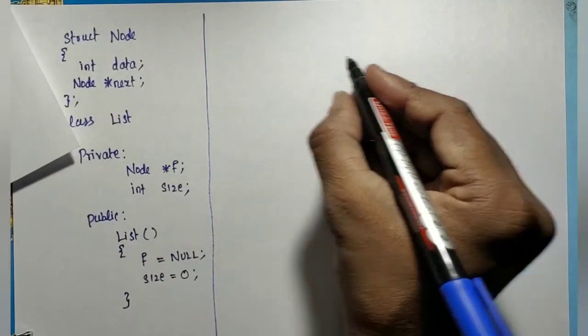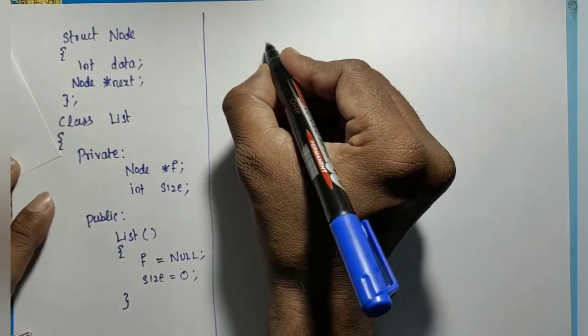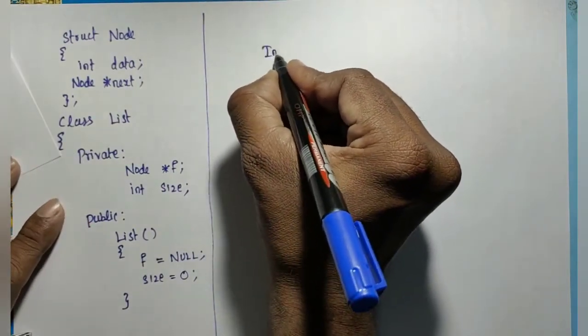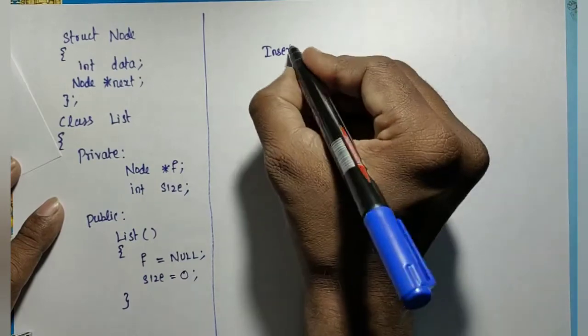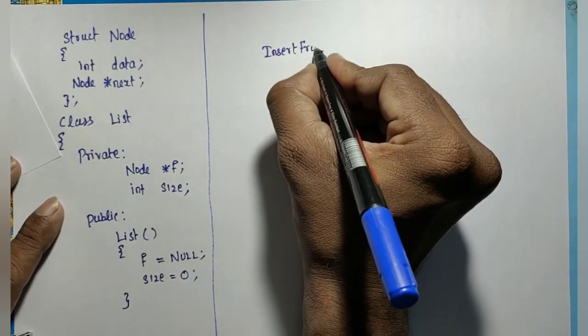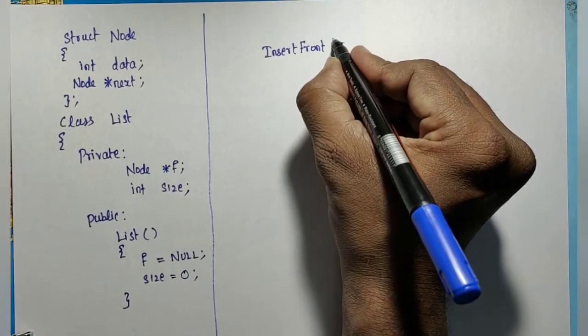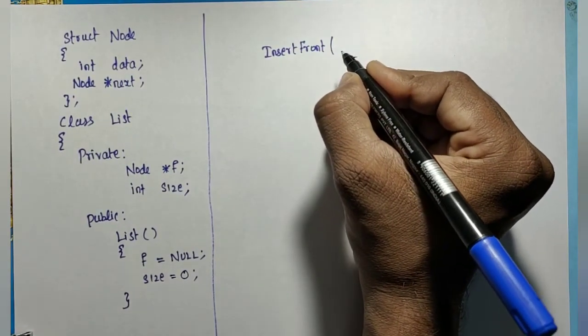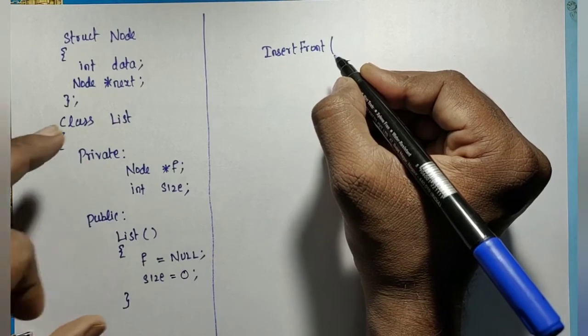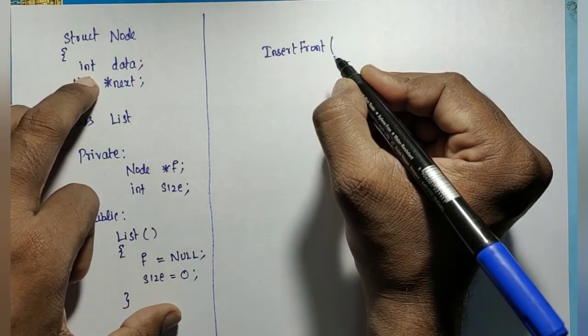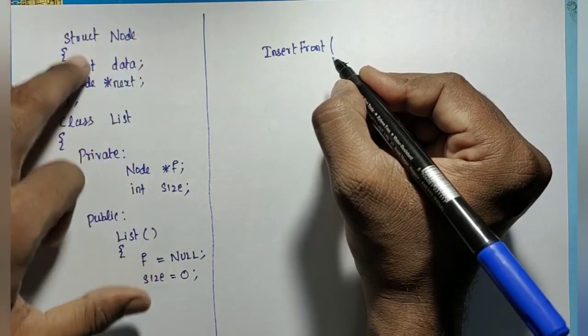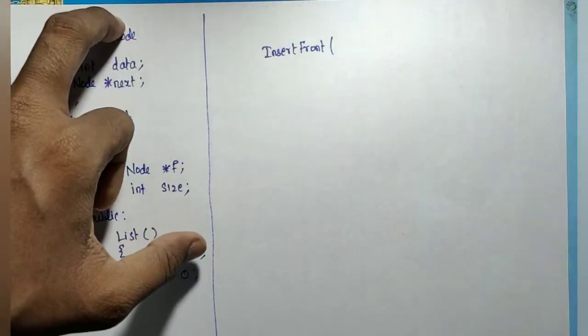What is the input needed for insert front? The element to be inserted. I need to pass only the data, not the node. The node is going to be created dynamically.